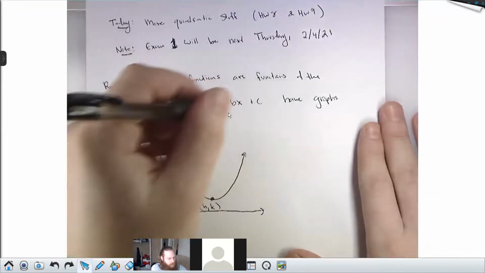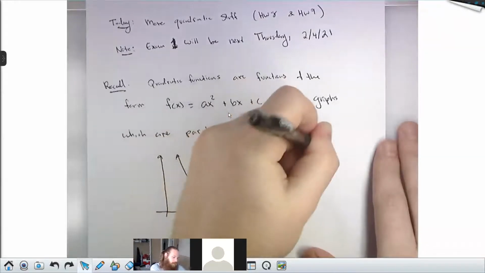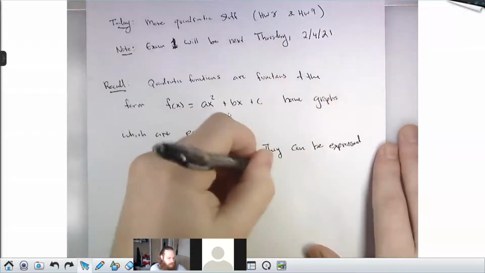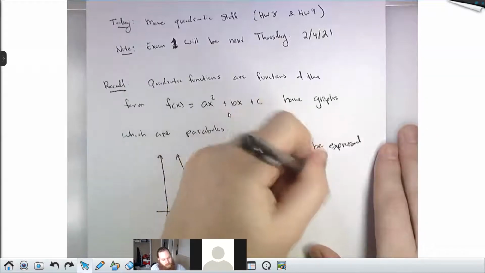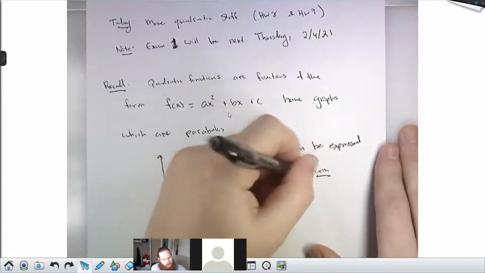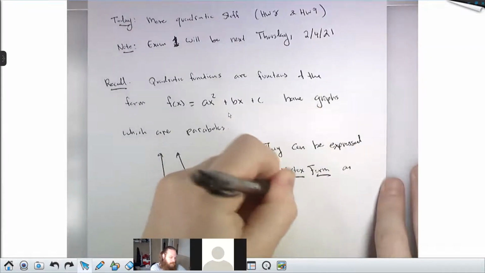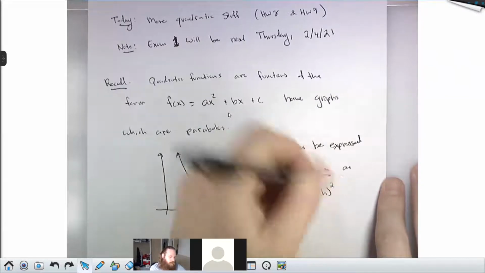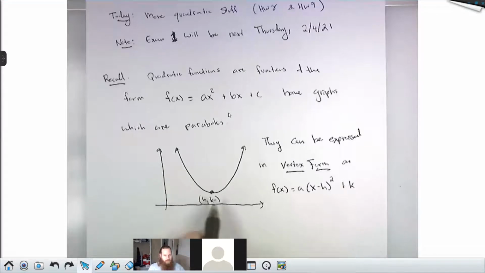And these can be expressed in vertex form as f of x equals a times x minus h squared plus k, where h and k are the numbers that are the coordinates of the vertex.